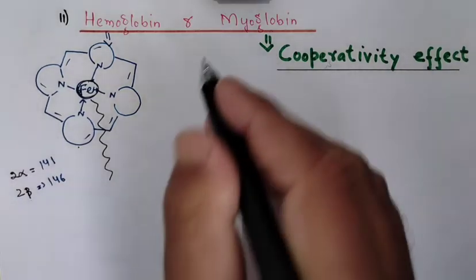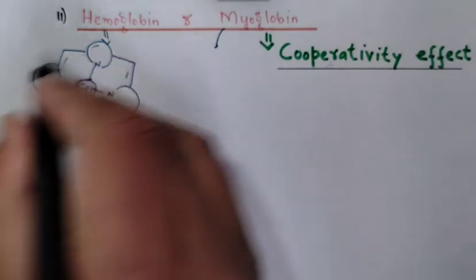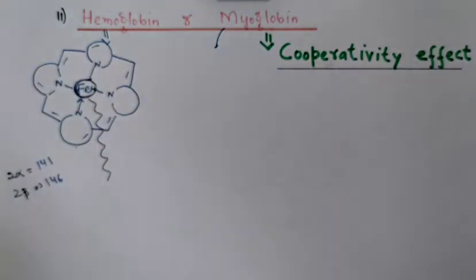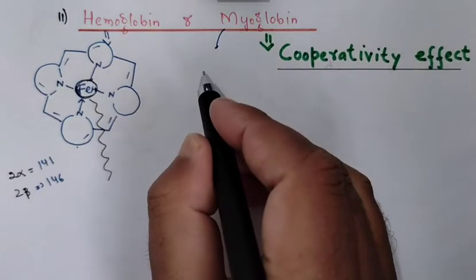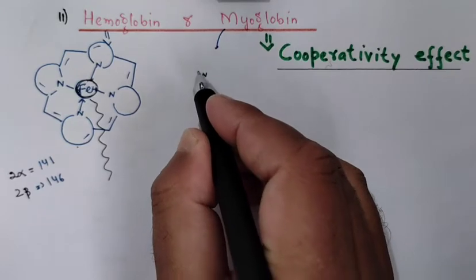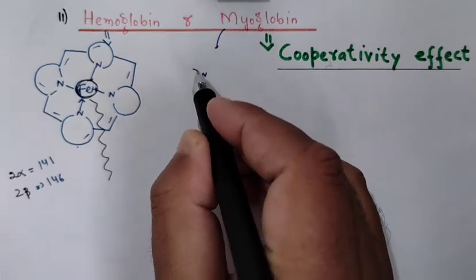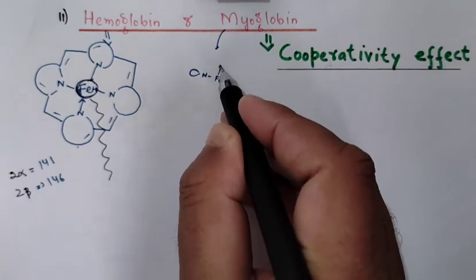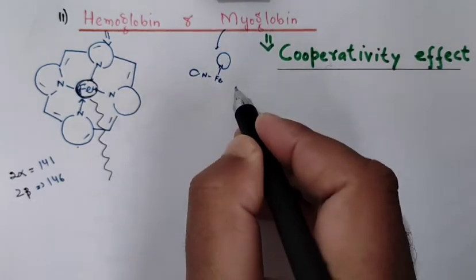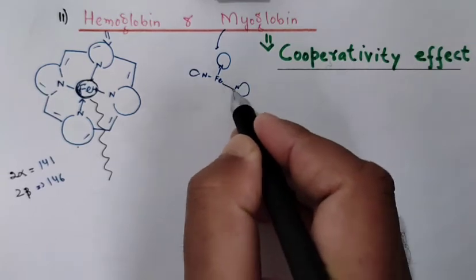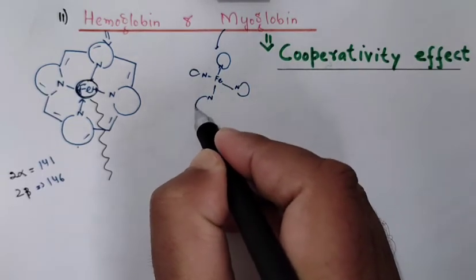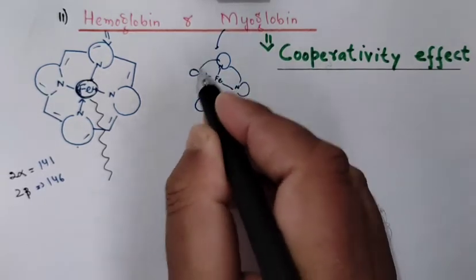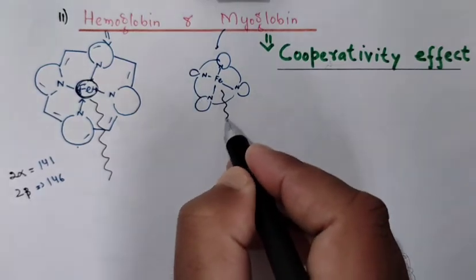Whereas in myoglobin we have a single tetrapyrrole head. Let me show it like this, in shortcut. So we have this tetrapyrrole system, the heme group. This is our pyrrole head, and then we have a single chain.